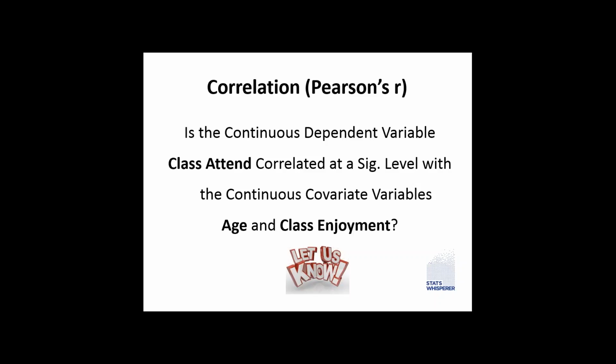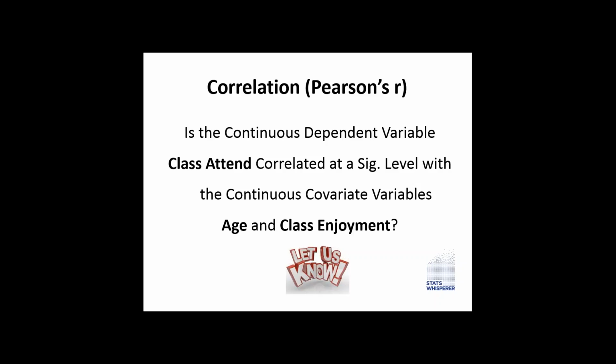Right, so what will this tell us? This will tell us if the continuous dependent variable class attend is significantly correlated with the continuous covariate independent variable, right? Age and class enjoyment, right?